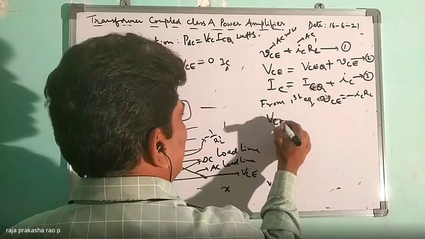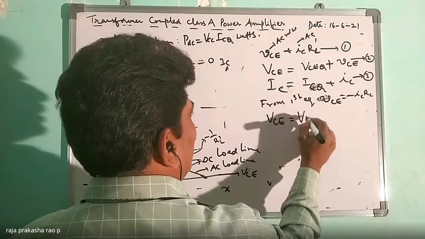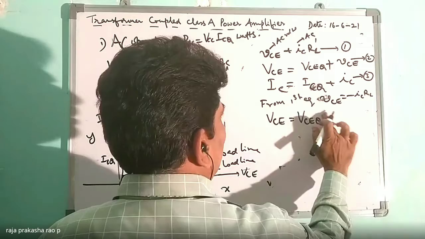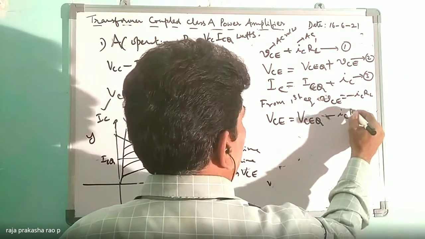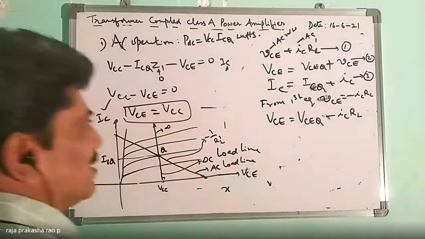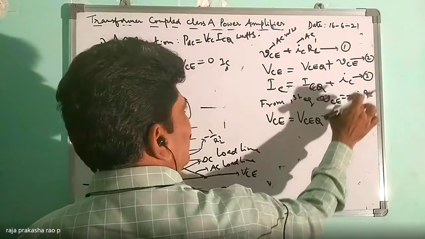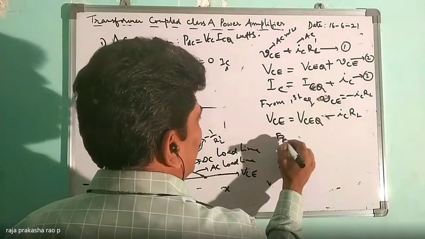So VCE is equal to VCEQ plus vce, which is minus ic RL dash. From the third equation we get this ic.